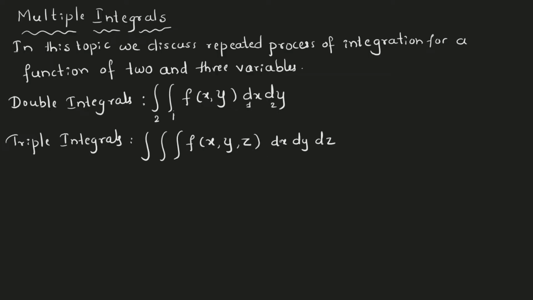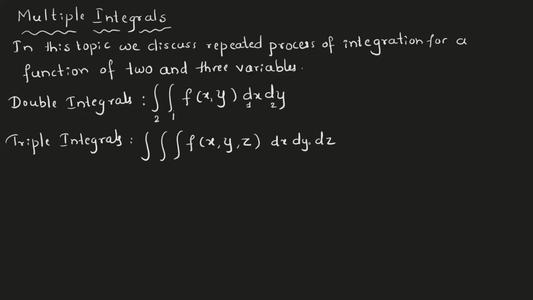First, you have to integrate with respect to x, then with respect to y, then with respect to z. So you can write dy, dx, dz, or dz, dx, dy, anything. With respect to that, you have to integrate.